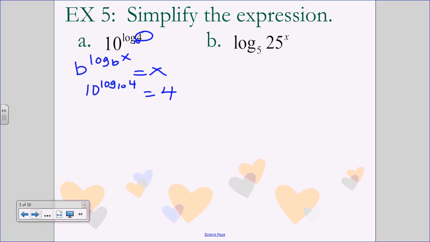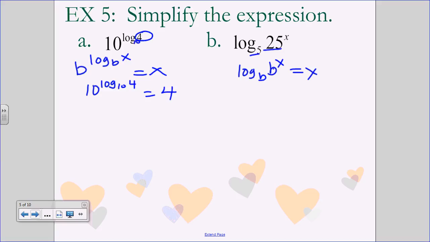This other one looks more like the other rule we looked at: log base b of b to the x is equal to x. Remember we have to have the same base. So the b and the b right here are the same, but we have a 5 and a 25.